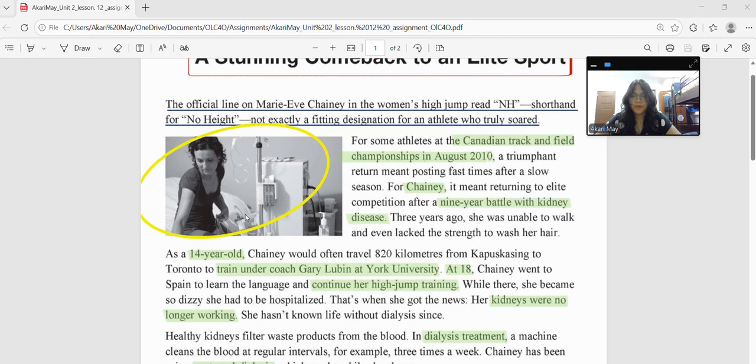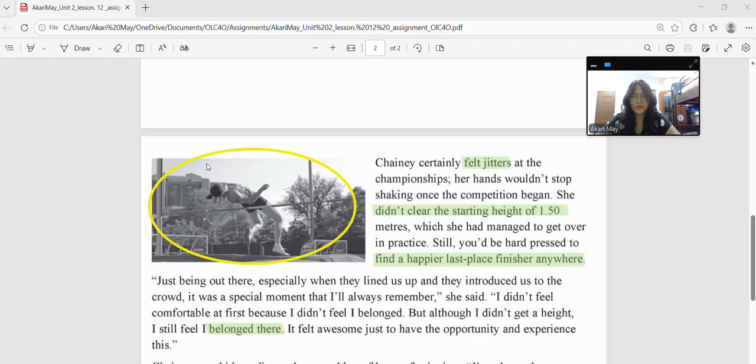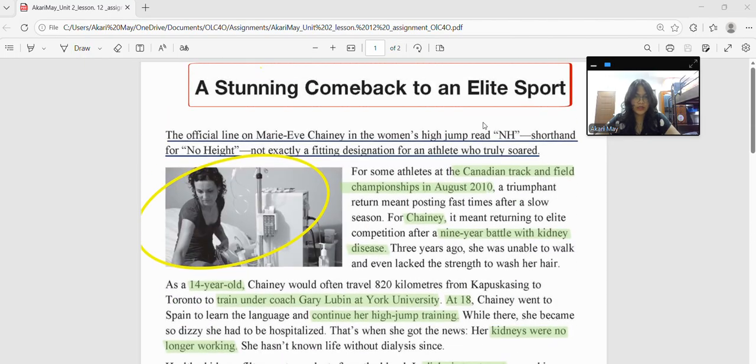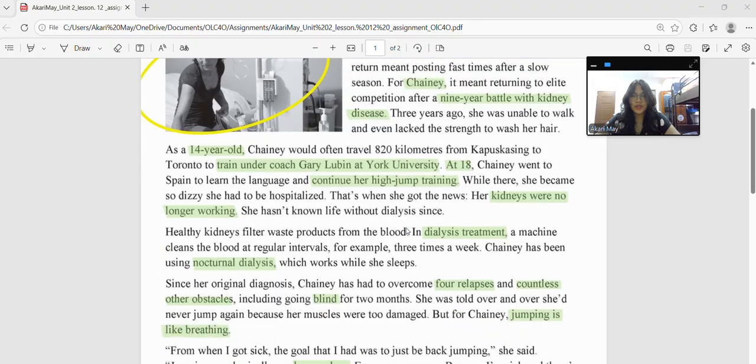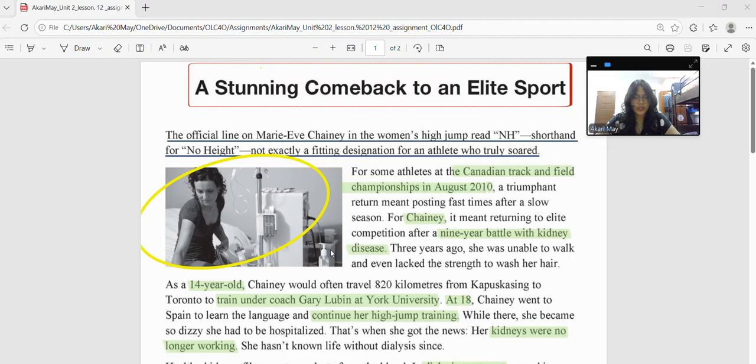So I think she's hospitalized, and I think she is in her 20s when she's hospitalized. And in another picture, I suppose it's her participating in the competition of what's so called an elite sport. That all will be the interpretation of the pictures and the heading.